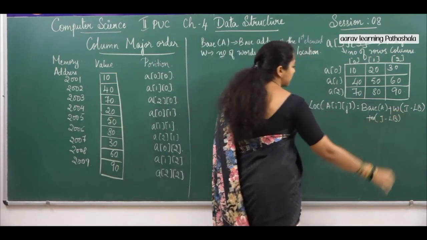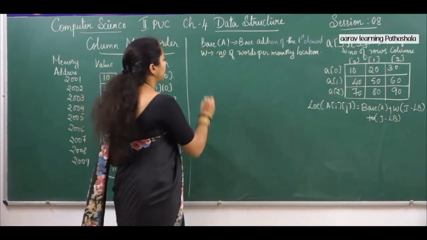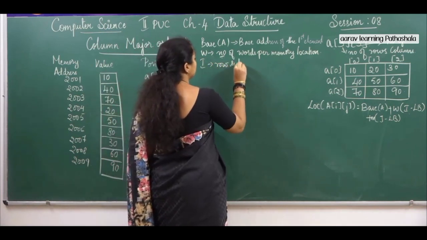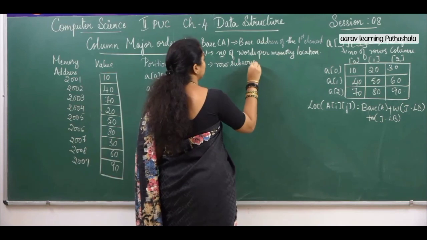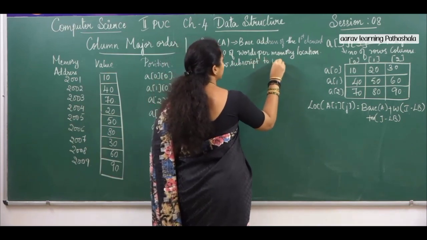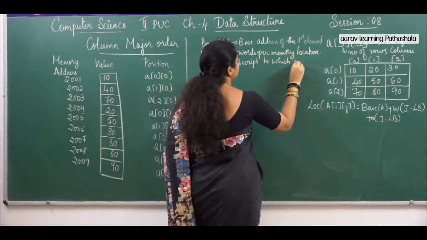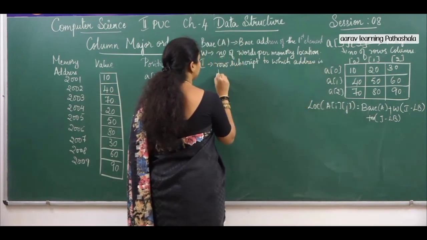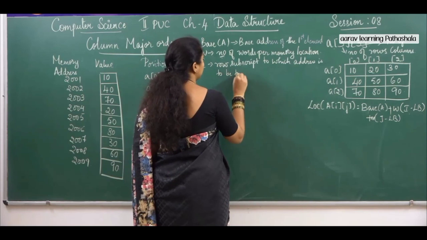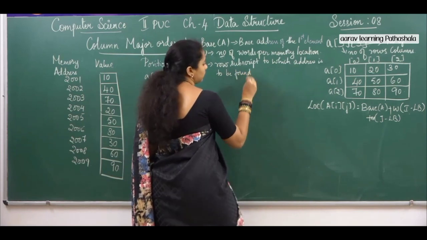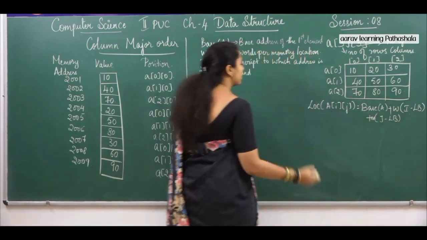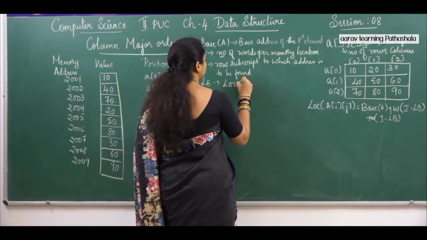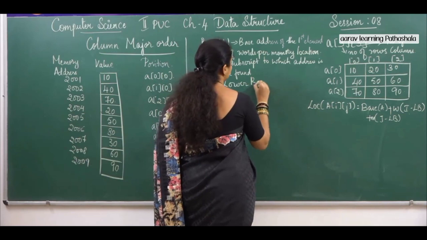And I represents the row subscript to which address is to be found. LB represents the lower bound subscript.